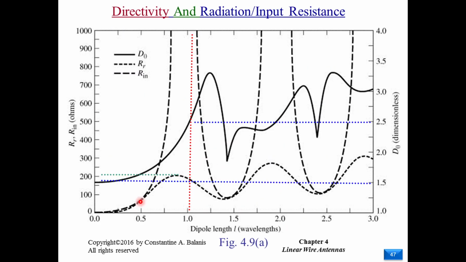But as we showed before, at short lengths, up to a lambda by 2 dipole antenna, they are very close, because the maximum I naught and the I at the input are the same, so they are very close to one another at short dipoles.